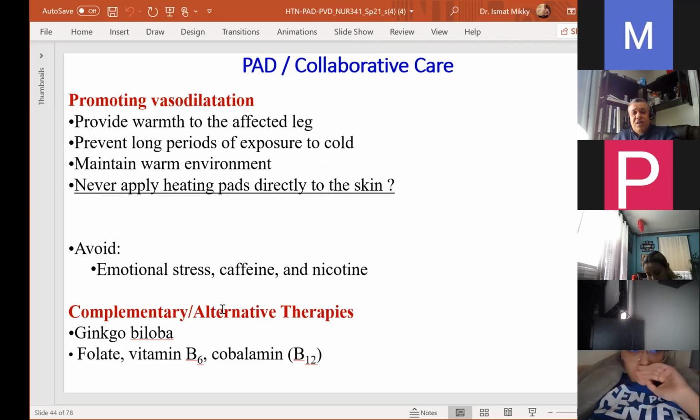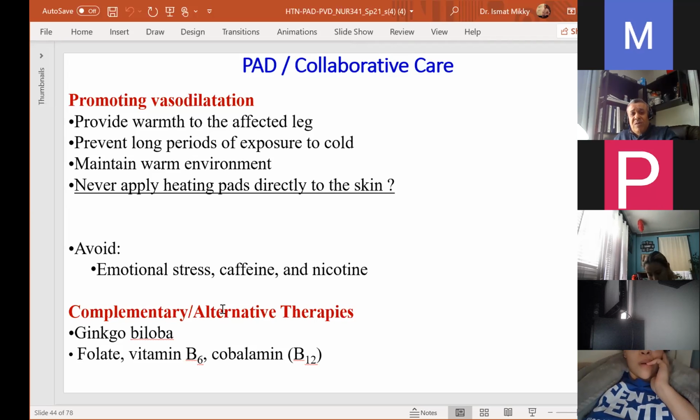Promoting vasodilatation: sometimes patients have a knowledge deficit and will apply a heating pad directly to the skin, on the assumption that it's going to increase perfusion.